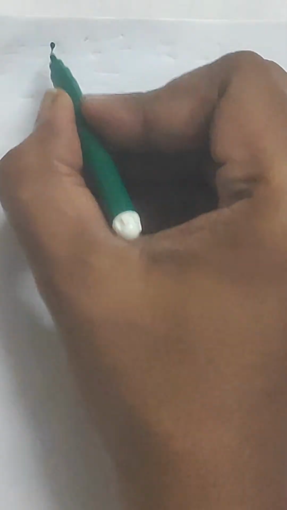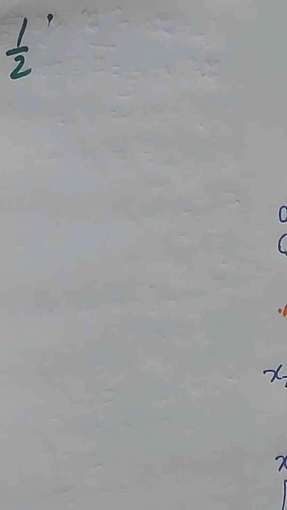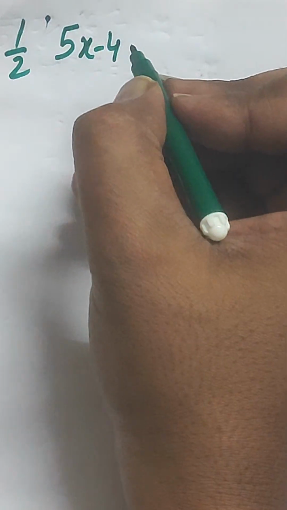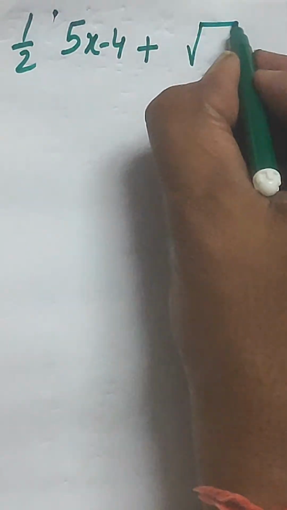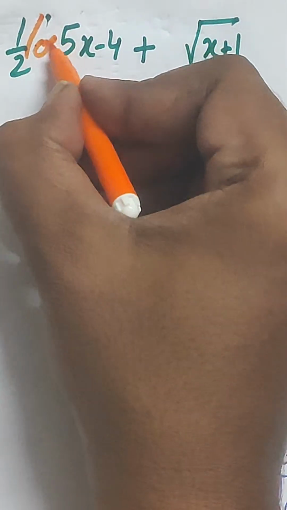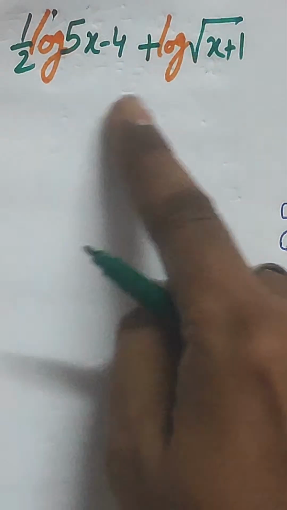For the second question, it's given that half of log of 5x minus 4 plus log of root x plus 1. So I am writing log over here. In the questions I am using a different pen so that it will be easily visible. After that I will use my pen.